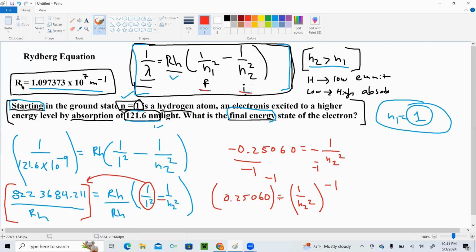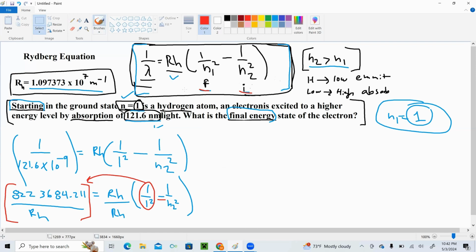So parentheses 0.25060 parentheses. And then there's an inverse function in your calculator. If not, I'll show you right now. Hold on. So after you got that, I got the inverse of 3.99 is equal to n2 squared.